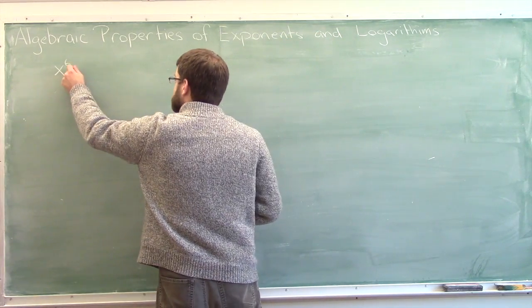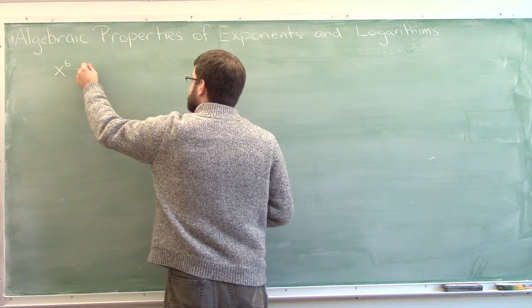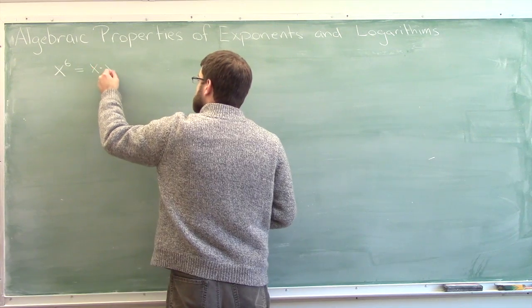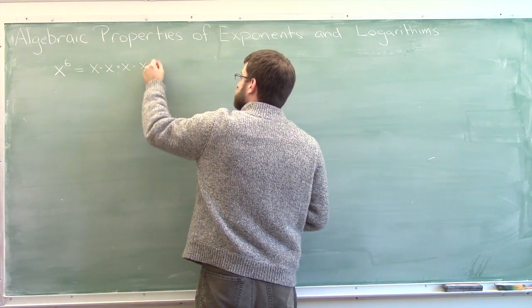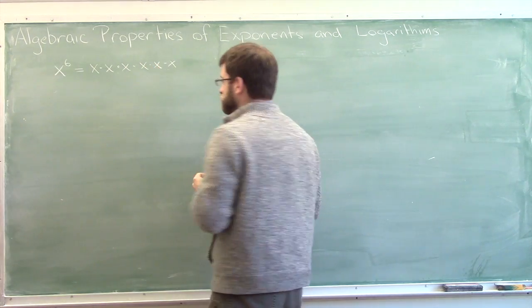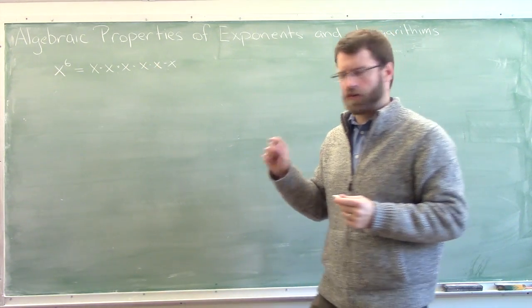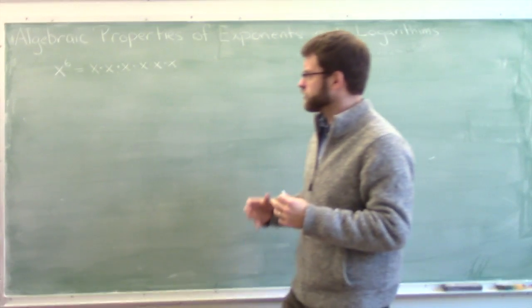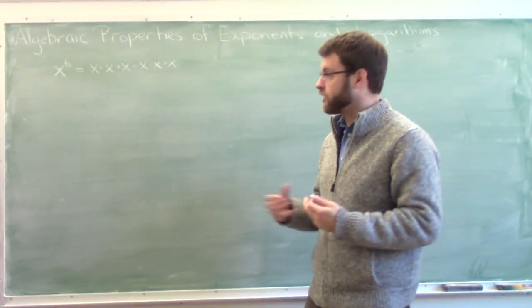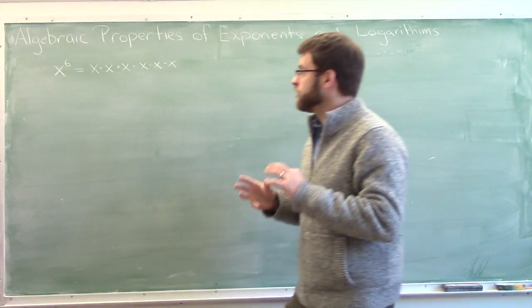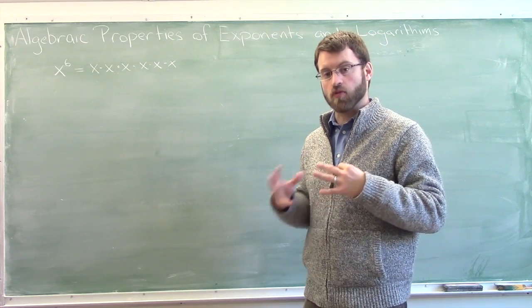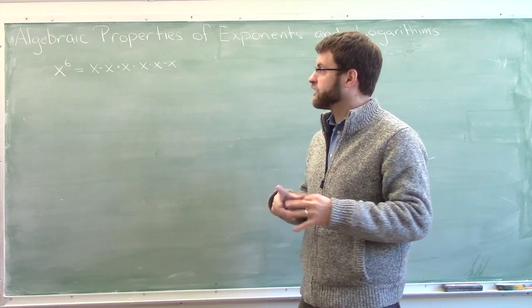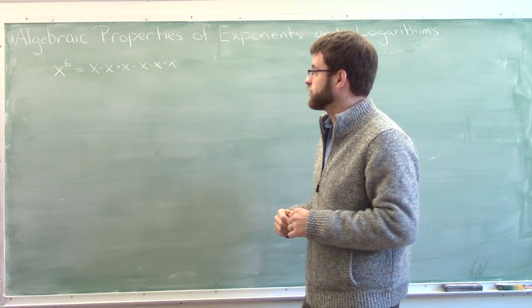So x to the 6th power is the same as 6 copies of x all multiplied together. So if we think of that as the core definition for what we mean by these exponents, that it's repeated multiplication of the base, then by grouping these copies of x in different ways, by arranging them in different ways, we can deduce some of the properties of exponents.